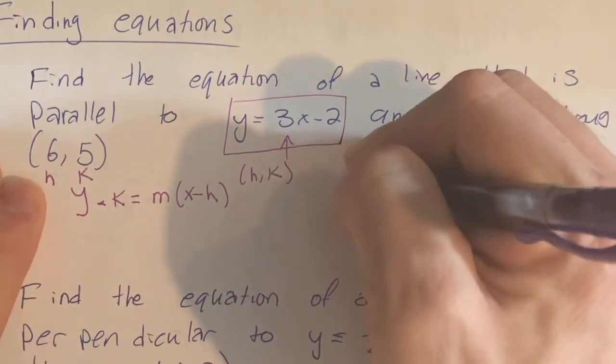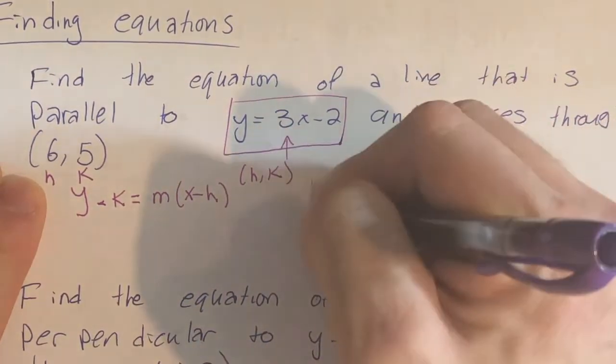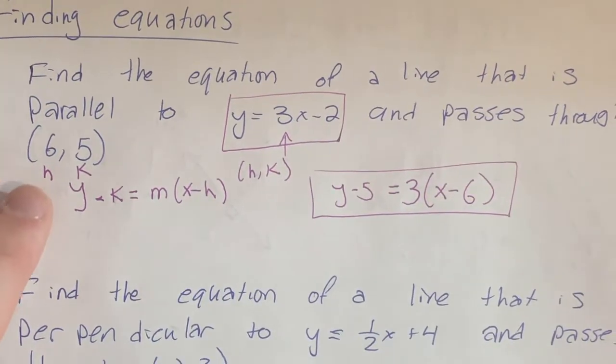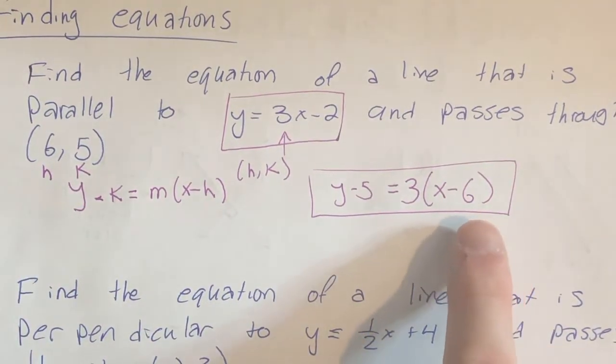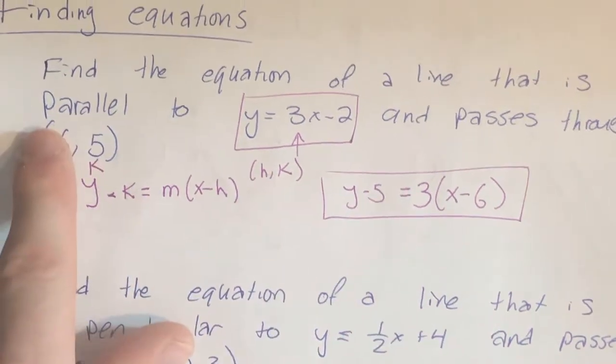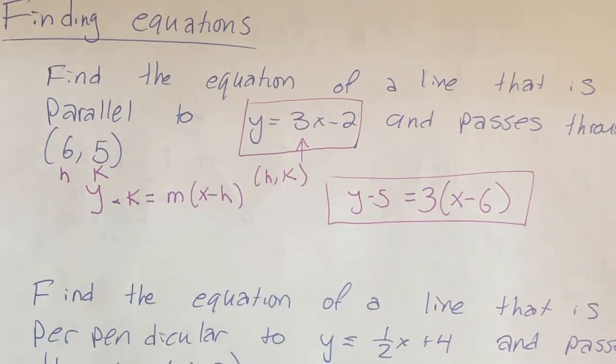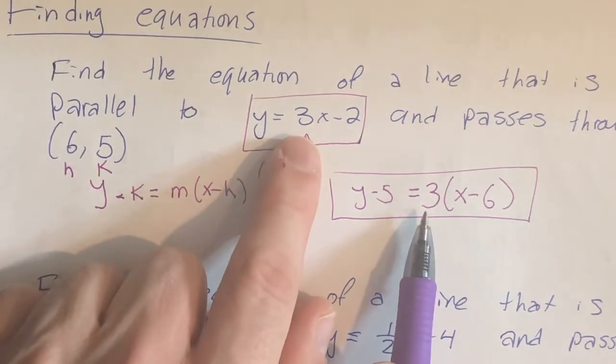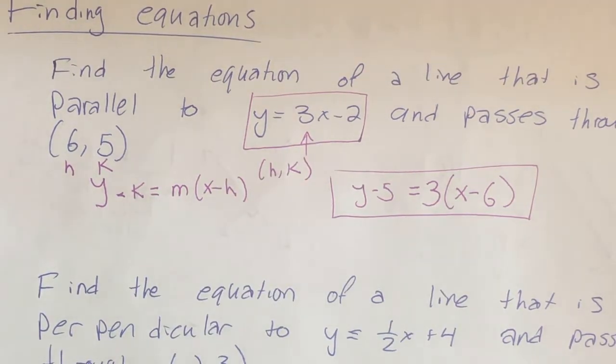And then we have y minus 5. Now that will ensure the point on the line is (6, 5), and the slope is 3. And therefore, because the slopes are the same, these two lines will be parallel. Go ahead if you need to, take a second to rewind that, and then I'll move on to the next one.